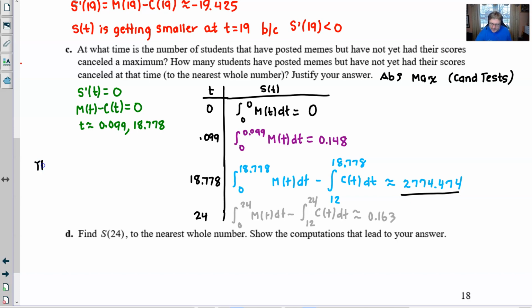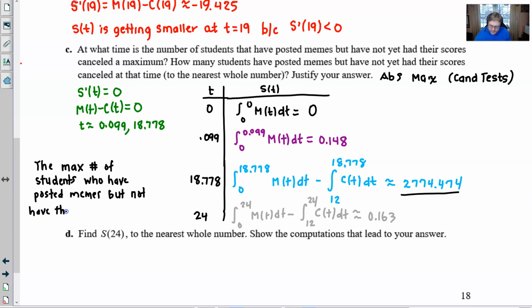And so we'll just say the max number of students who have posted memes but not have their score canceled is going to be 2774.